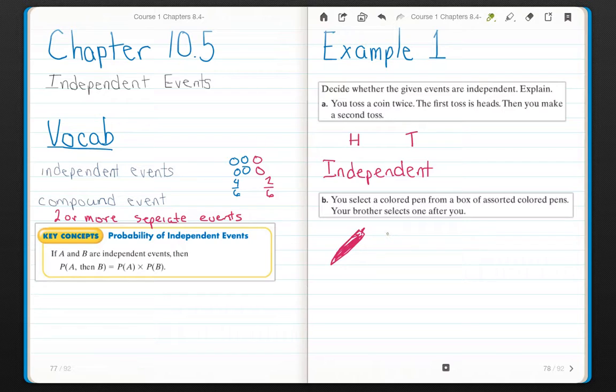It's not an option because you already have it. He's going to go ahead and pick the green just because green is his favorite color. But the probability of him choosing a green is less than it was before because he has one less color to choose from. So these are not independent. Because you kept that pink pen, he had fewer pens to choose from, so they are not independent events.